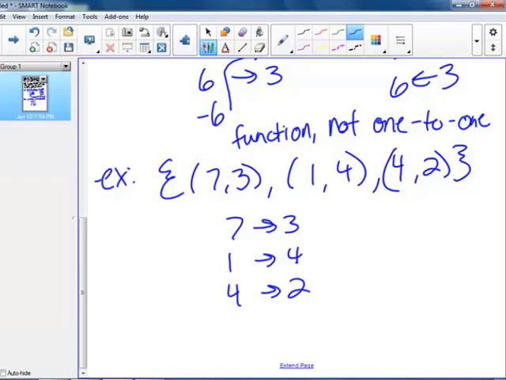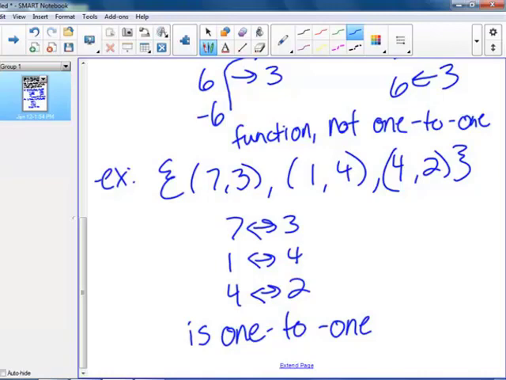Every x goes to one y, and every y goes to just one x. So this is one-to-one. If every x goes to one y and every y goes to one x, it's automatically a function because it has to go both ways, just like it's called one-to-one: one x for each one y for each one x.